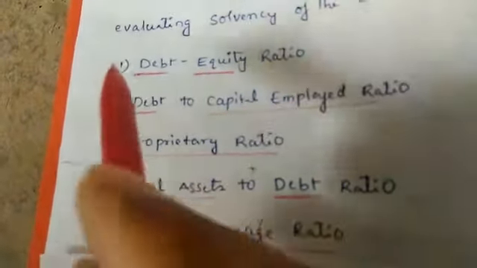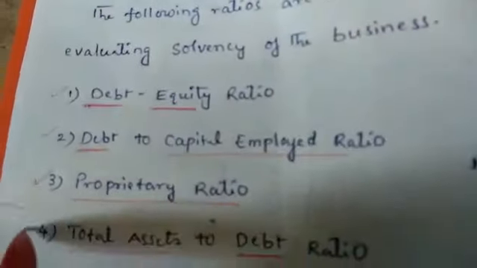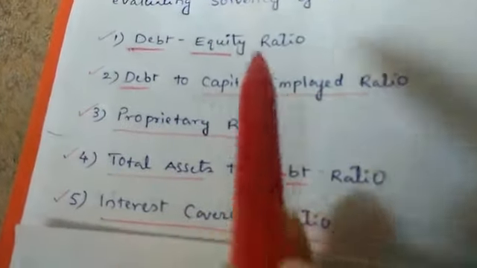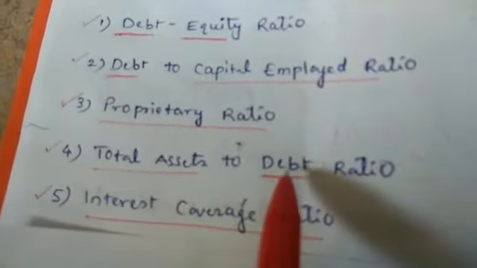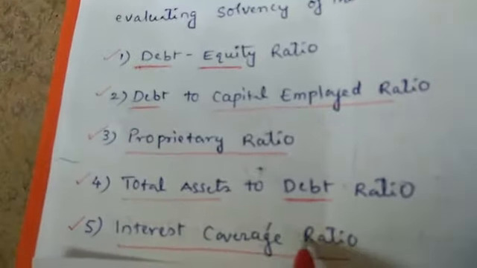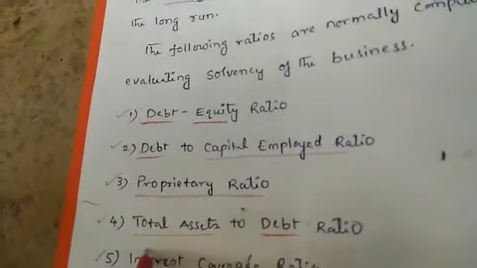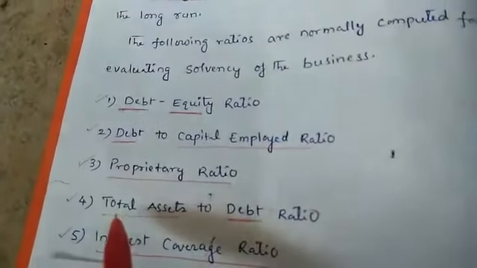How many ratios are there? 1, 2, 3, 4, 5. Debt equity ratio, debt to capital employed ratio, proprietary ratio, total assets to debt ratio, and interest coverage ratio. These 5 ratios are called solvency ratios.